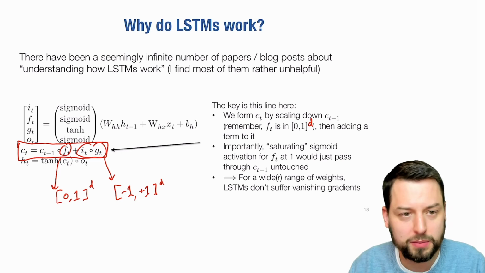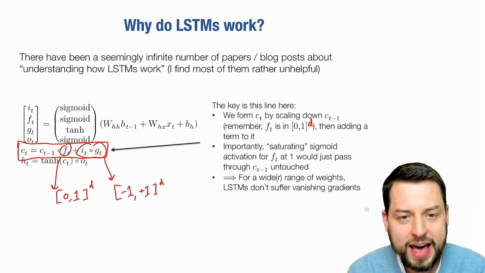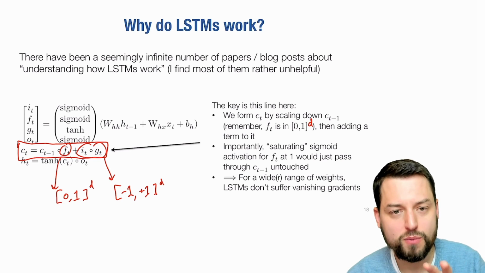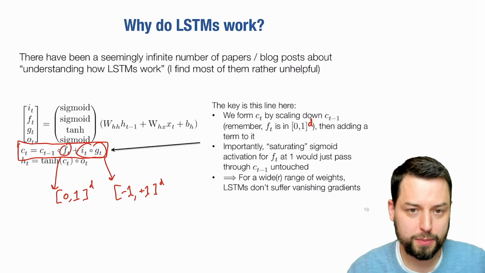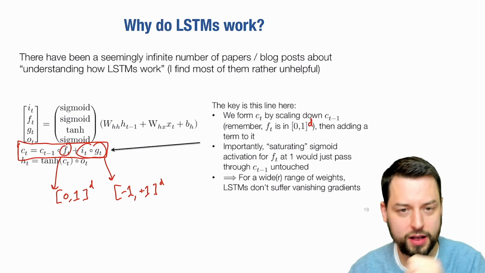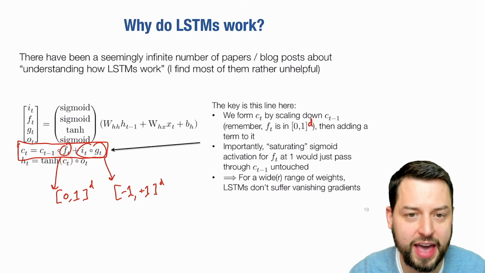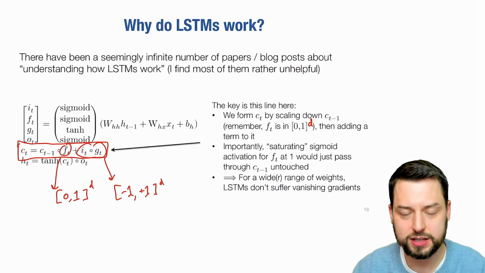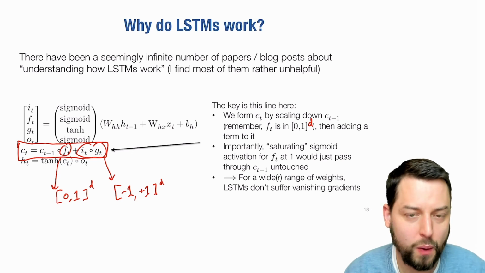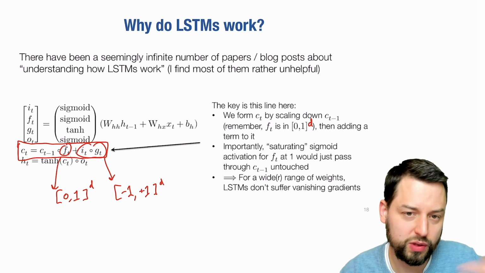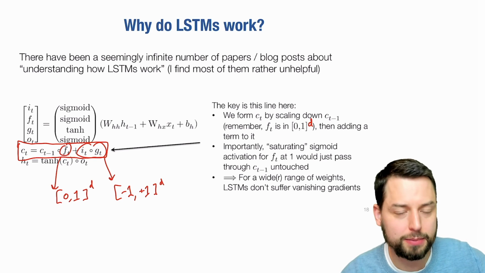And the bottom line of this update is that because of this form of the cell state update, you have more ability to preserve the influence of previous inputs on future inputs. Intuitively, if I pick f_t to always be 1, by picking my weights properly, then I never really forget any previous cell state because I am always just adding to my previous state.